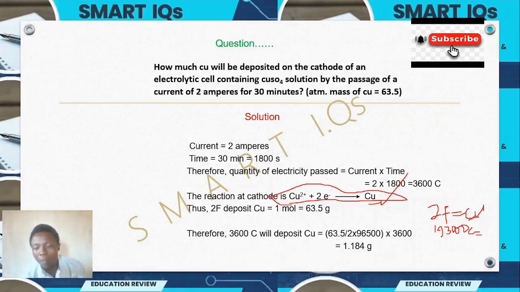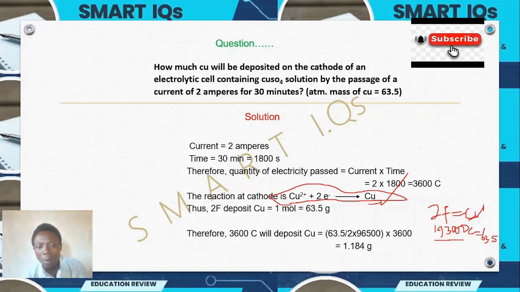For this copper, we are going to use the atomic mass of copper, which is 63.5, as we have been given. 63 point what? 0.5. Very good. So it takes 193,000 coulombs to liberate 63.5 gram of copper. Are we together?